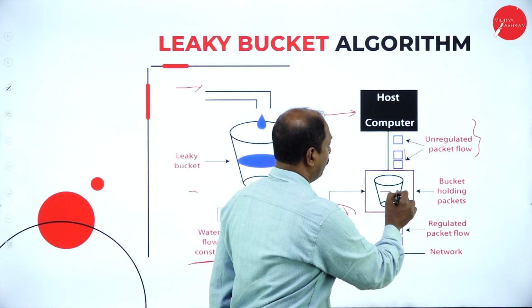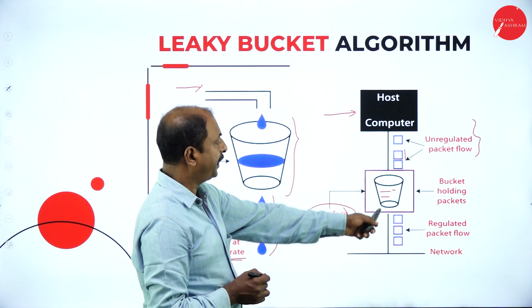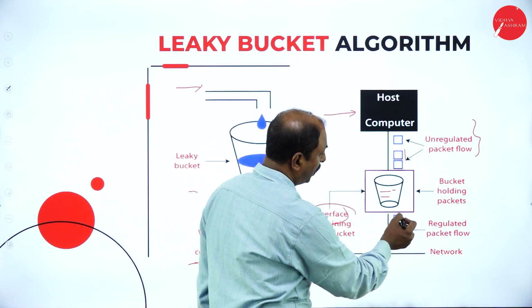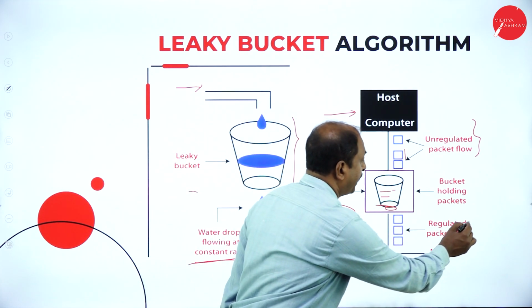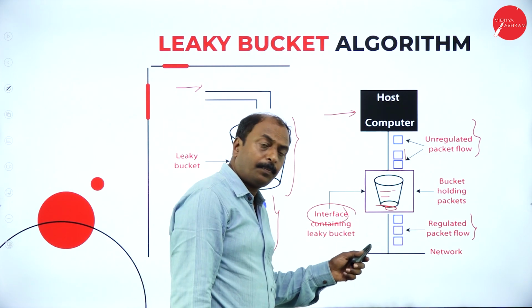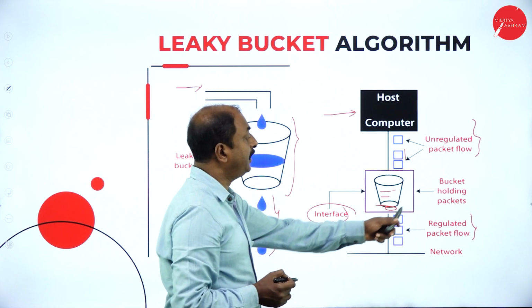So here we find a number of packets from the network, and as we have seen, the data flow out of the bucket, from the interface, is constant. So it is a regulated or constant flow. Data packets moving in the network from this interface are constant.